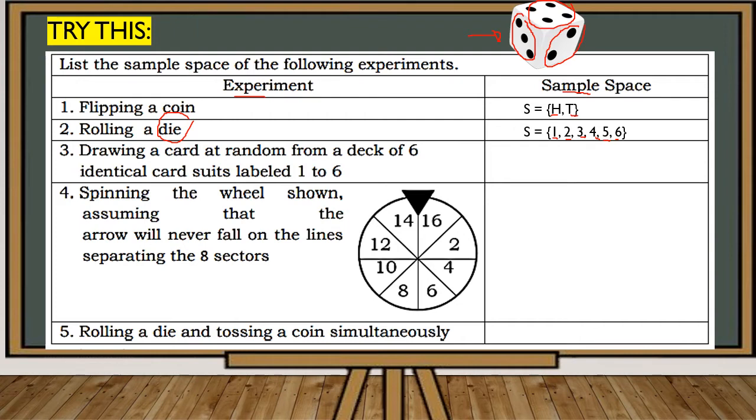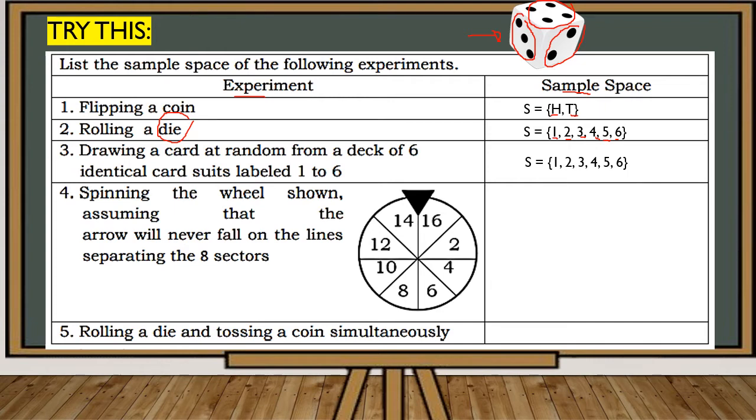So when we say 6 identical card suits, they have the same identity. Okay. So the sample space, the possible outcomes that would happen, that would appear, would likely to be, of course, 1, 2, 3, 4, 5, 6.